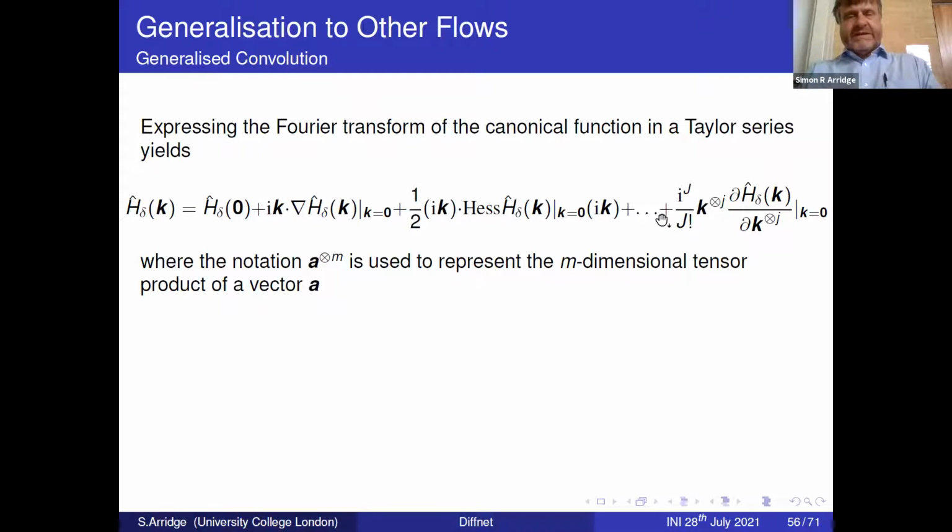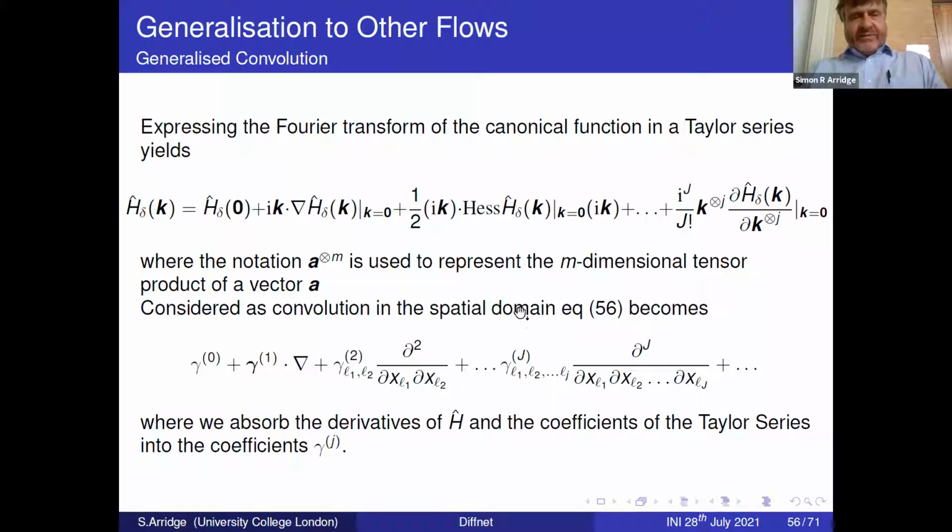And we'll just use this notation to represent the m-dimensional version of the wave number. So now, moving back to the spatial domain, that means that we could represent this incremental convolution in terms of a magnitude operator, an advection term, a second order term, and so on, where these are the coefficients.